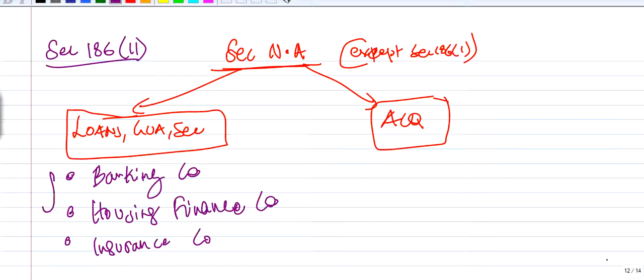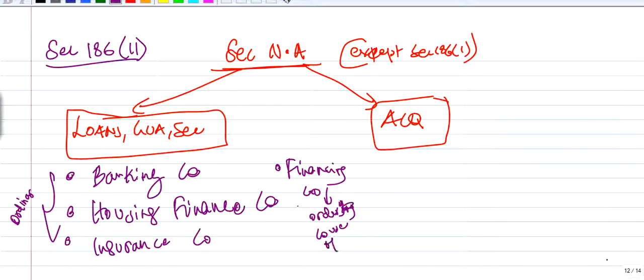In the ordinary course of business, it should be the ordinary course of business. And one more point is finance company. Again, the ordinary course of business should be financing. For these loans, guarantees, securities, with regard to section 186, not applicable.